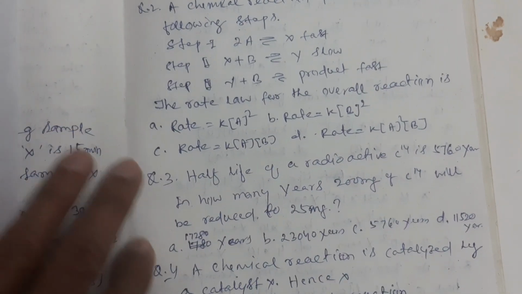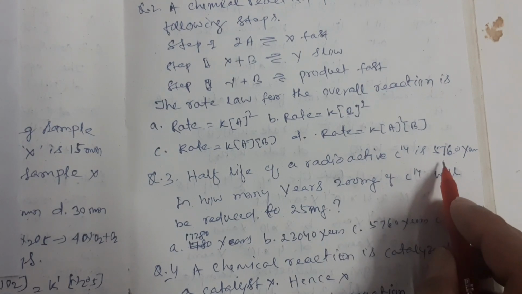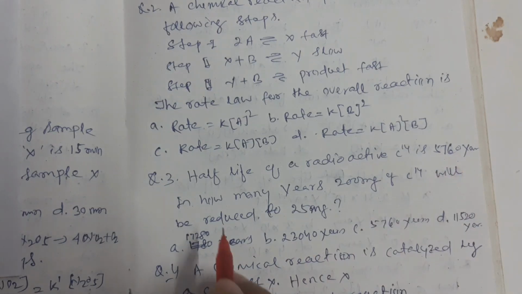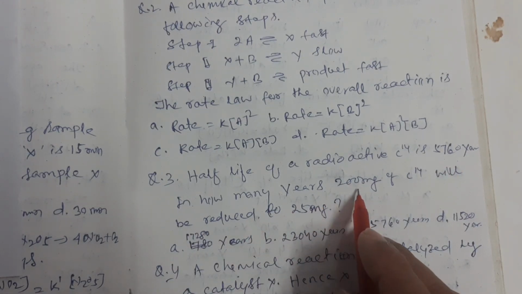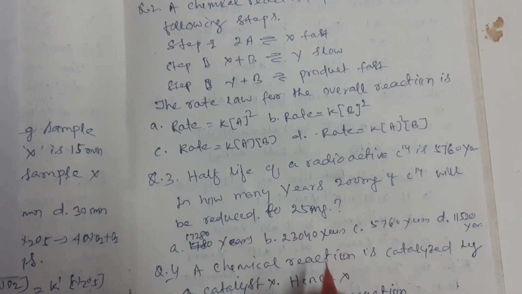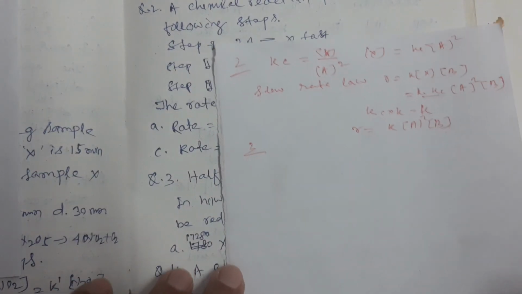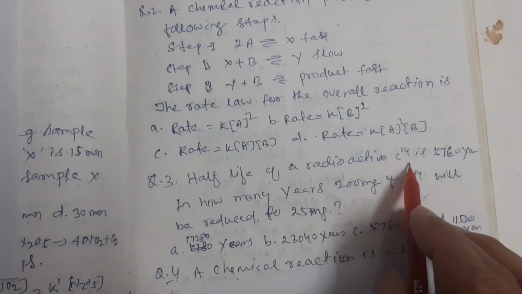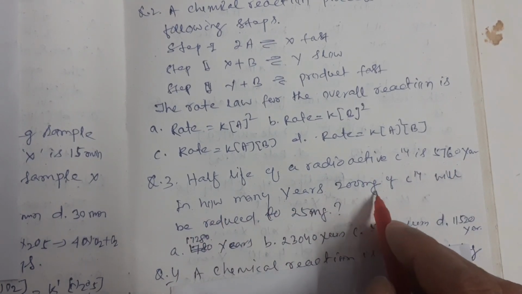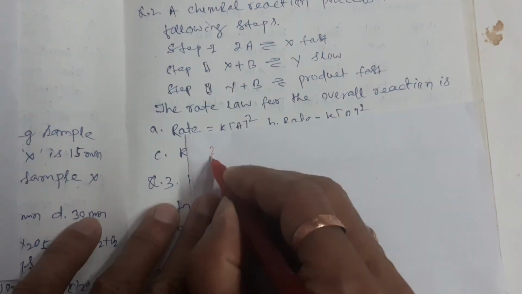Third question, the half-life of radioactive carbon 14 is 5760 years. In how many years will 200 milligram of C14 be reduced to 25 milligram?